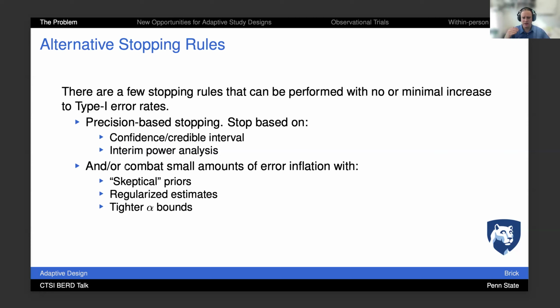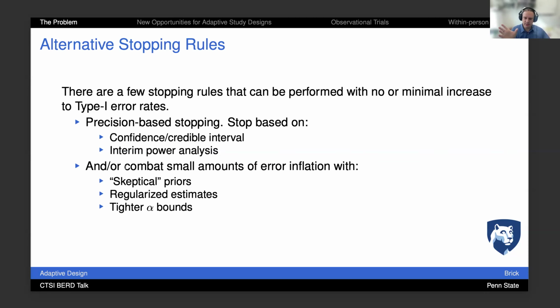There are also other approaches if you're only doing a little bit or only doing a couple of tests. In a Bayesian world, you can use what are called skeptical priors, which are usually spike and slab type priors with a spike very close to 0. So you're pushing the model to find null results more often, and that can offset some of your type 1 error rate because it reduces the risk of you finding anything, whether it's a false positive or not.